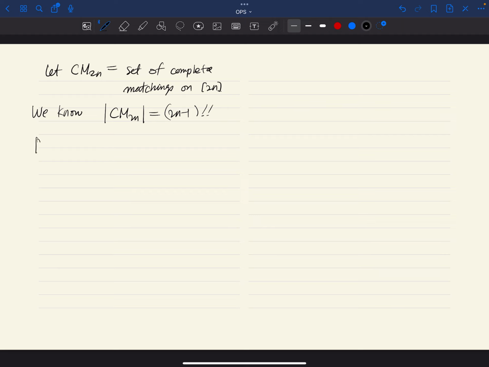So our proposition is that there is a bijection, say phi, from Hermite histories to complete matchings. There is a nice and simple bijection like that.